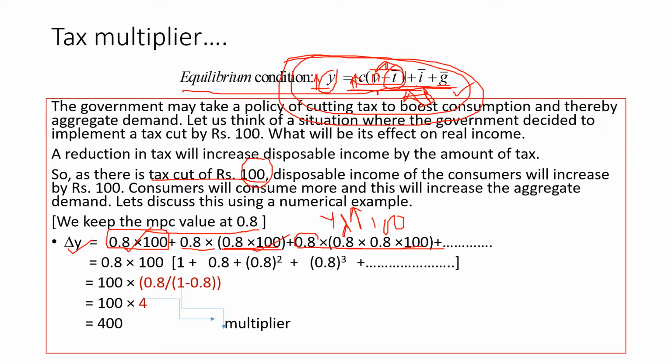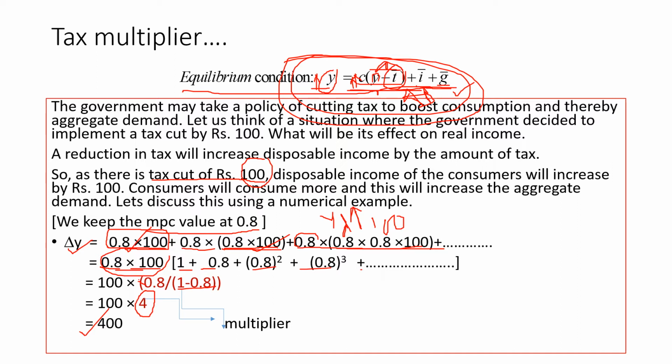So if you rewrite it, it will be equal to 0.8 into 100 into (1 plus 0.8 plus 0.8 square plus 0.8 cube and so on). That will be exactly equal to 100 into 0.8 by (1 minus 0.8), that is 1 by 0.2, which comes to 4. So the increase in income will be 400.